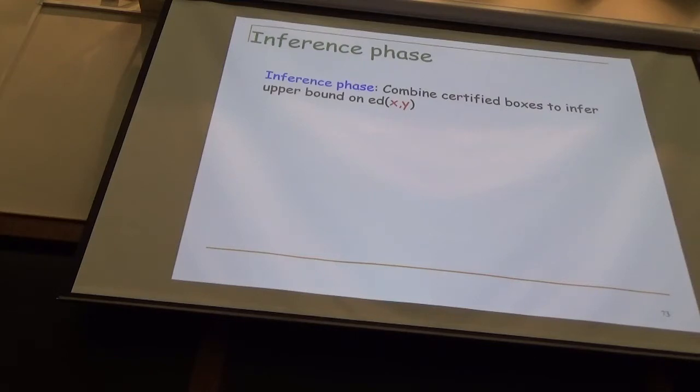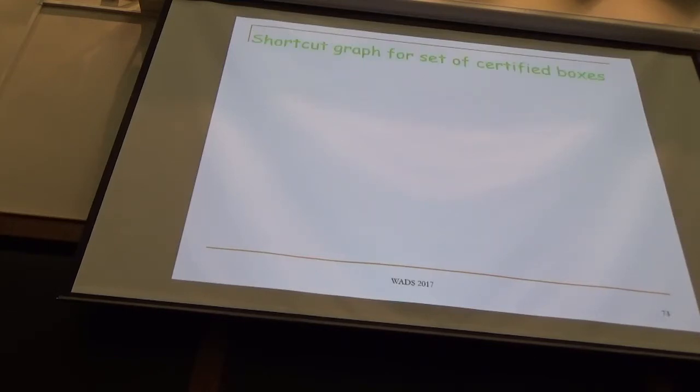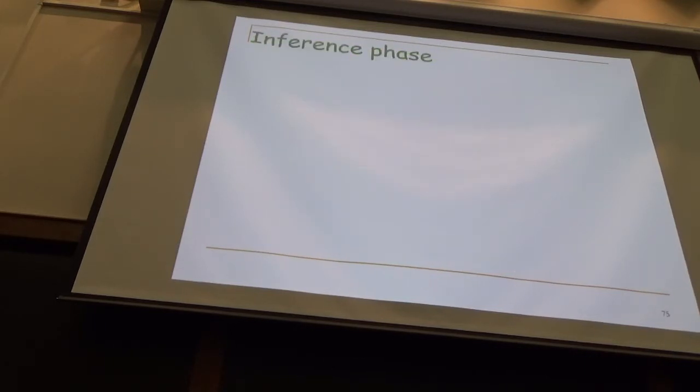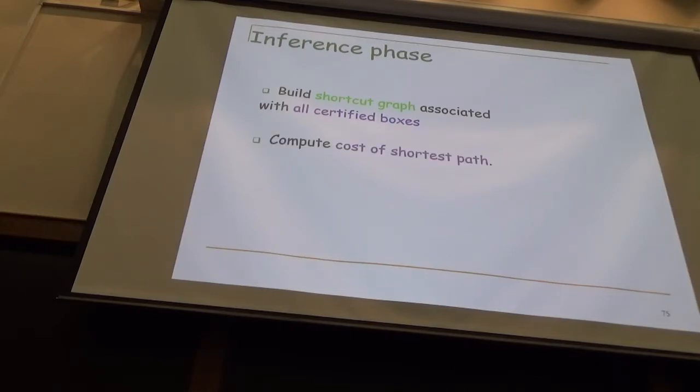So let's talk about the inference phase, because that's relatively straightforward. For every certified box that I discovered, I put in a shortcut edge in my graph whose cost is the value c. So I just build the shortcut graph associated with all the certified boxes I discovered in phase 1, and then compute the cost of the shortest path. Now, shortest path algorithms run in time proportional to the number of edges.